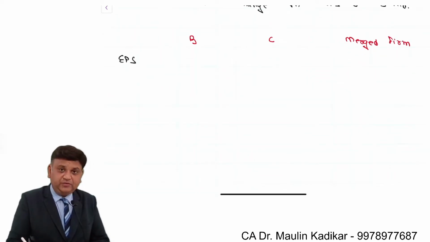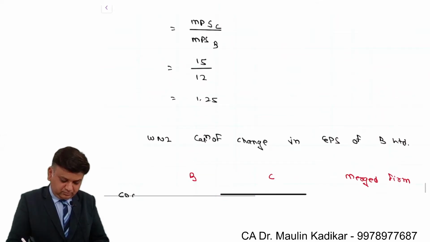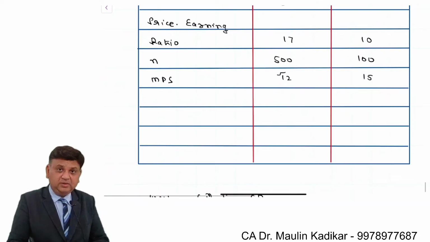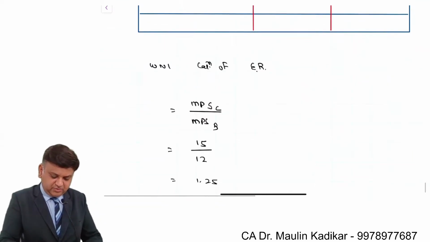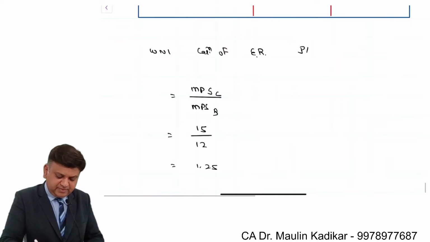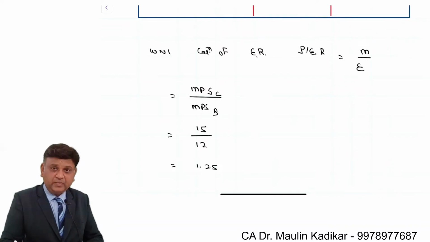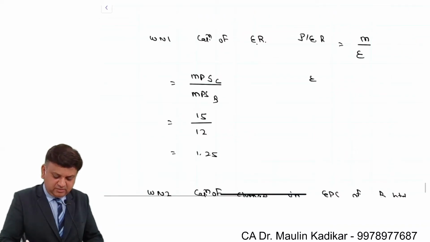We will mention first of all EPS. We have been provided with the MPS information. We have been provided with the price earning ratio information. We know, friends, that the price earning ratio is MPS upon EPS. So as far as the EPS is concerned, it is MPS upon price earning ratio.